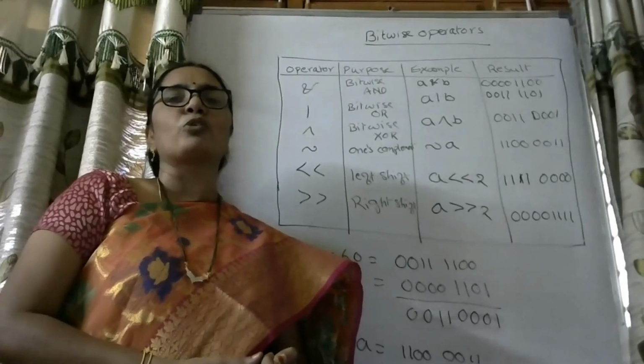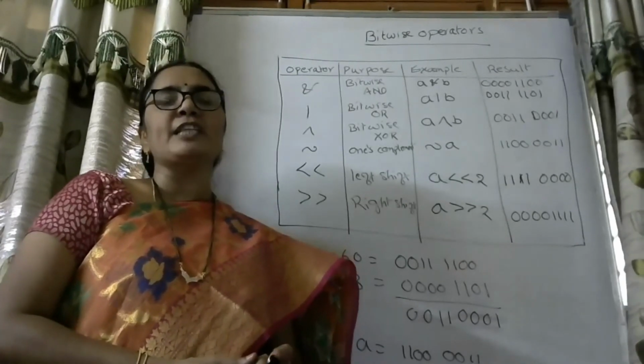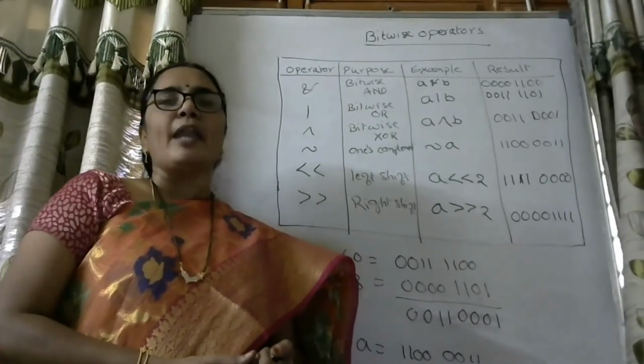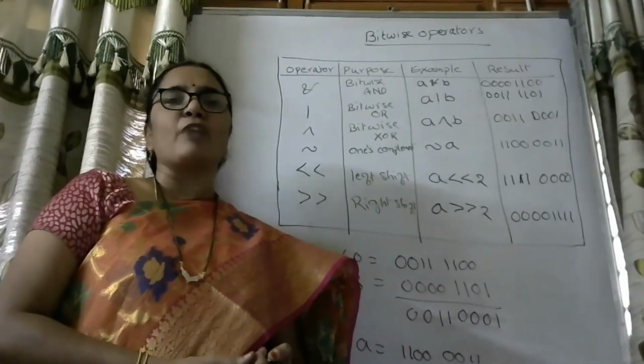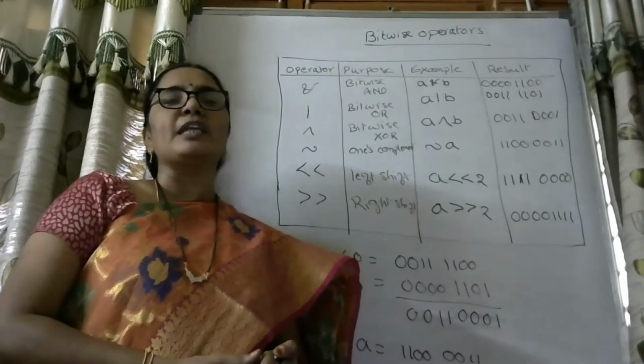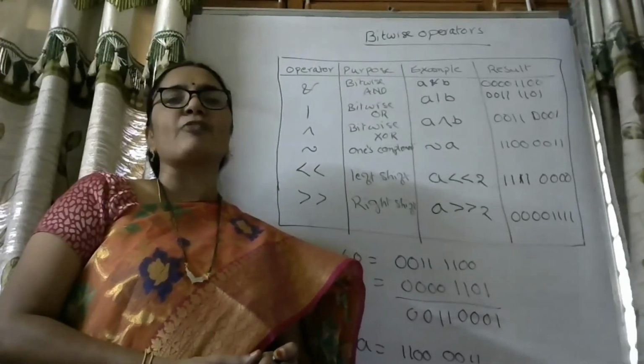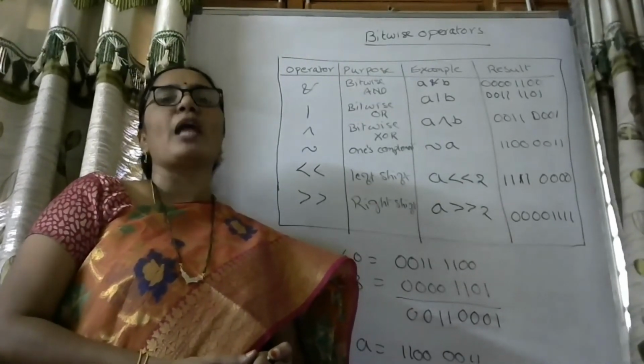Next, we have moved to the expression. We have seen the definition of the expression. Next, we have moved to the operators. We have defined the operators. We have discussed different categories of the operators with a suitable example.